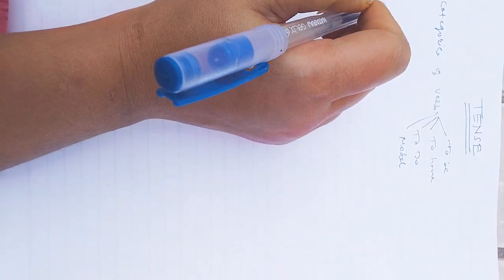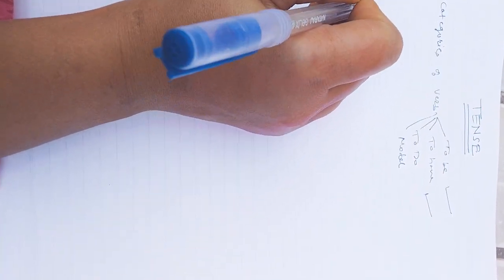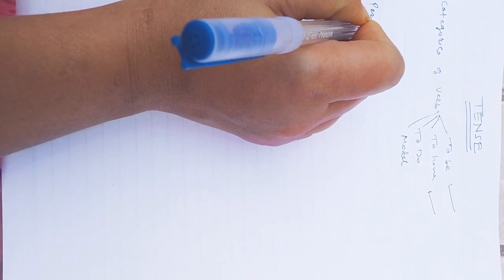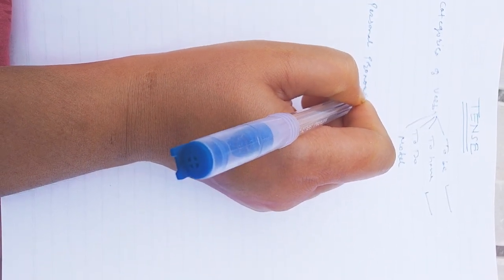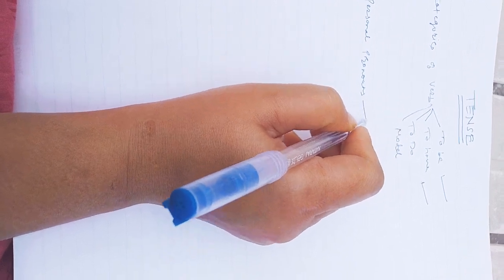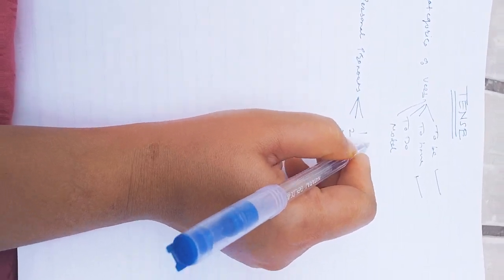Apart from this, we also discussed forms of to be and forms of to have. Then we also discussed personal pronouns: first person, second person, third person.